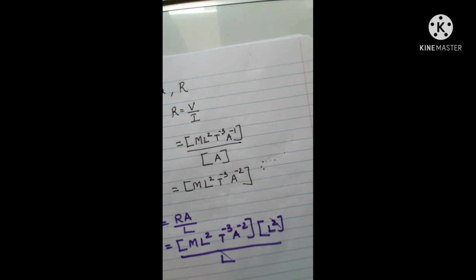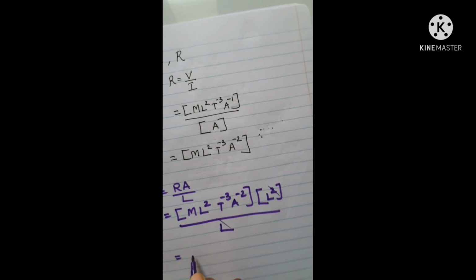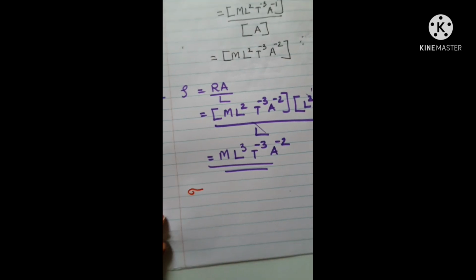So now M, L² is there, but one L is also there. So ML³T⁻³A⁻². This is the dimensional formula for resistivity.